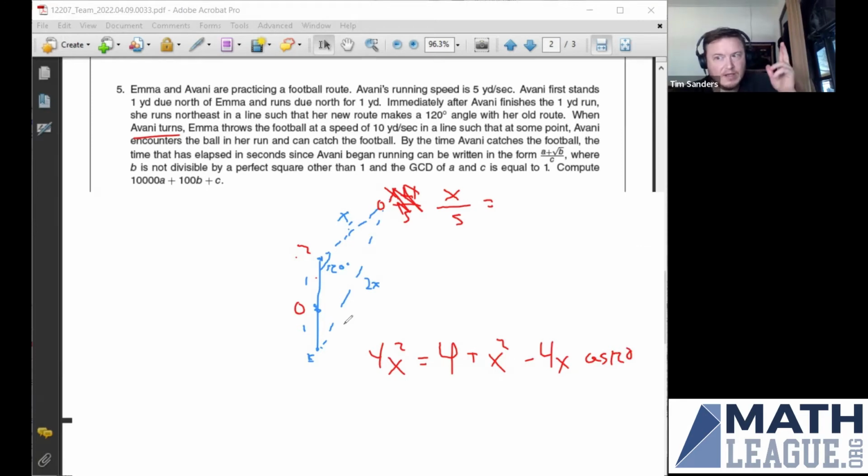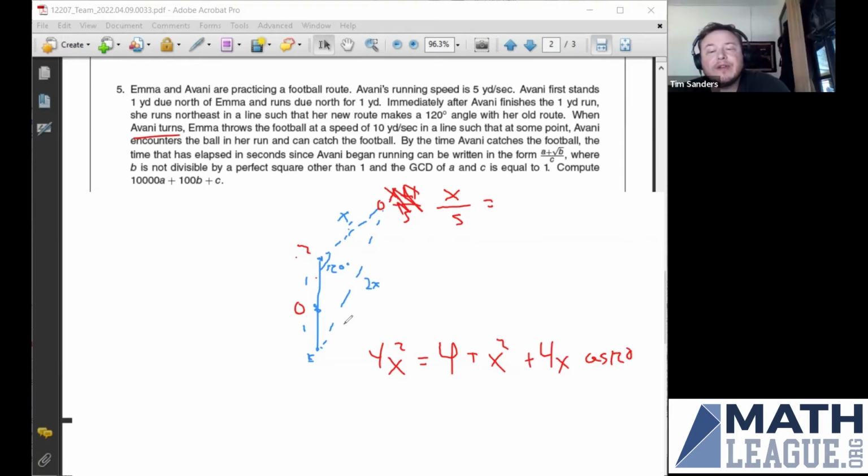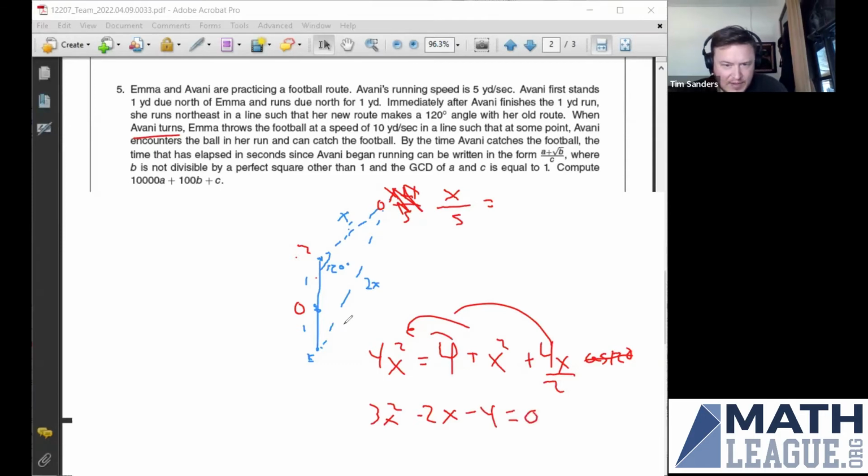How much is cosine 120? It's minus a half, right? Yeah. All right, so I flip the sign and I cut it in half. And so now I'm going to pull this x squared over, 3x squared. I'm going to pull over the 2x, minus 2x, and then the 4 minus 4 equals 0. Check my work on that.